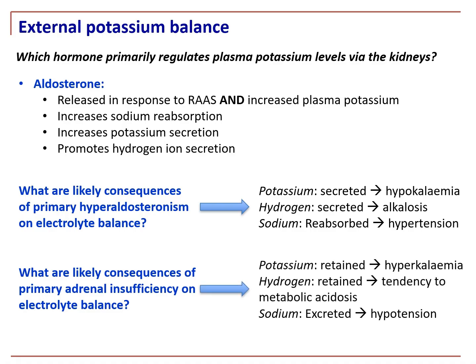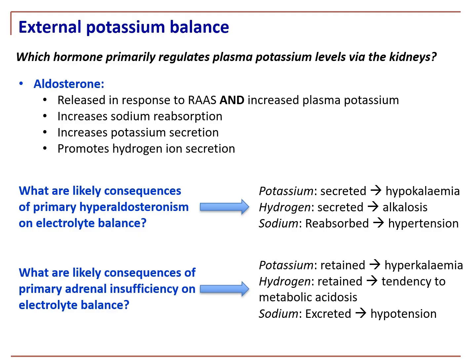Primary adrenal insufficiency, we're thinking Addison's. Really the opposite. Potassium is now retained. You can't excrete it as effectively, so you're more susceptible to hyperkalemia. Ditto, hydrogen may be retained, so a tendency towards a metabolic acidosis. And sodium is excreted, water follows, so you're more susceptible to hypotension.